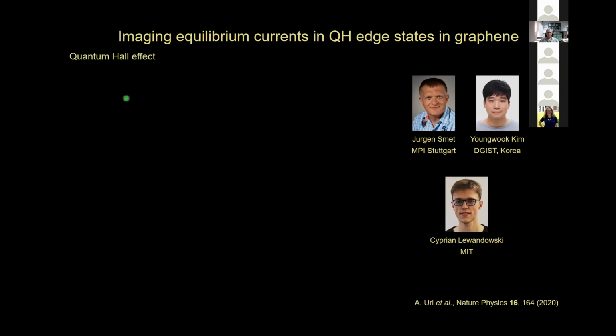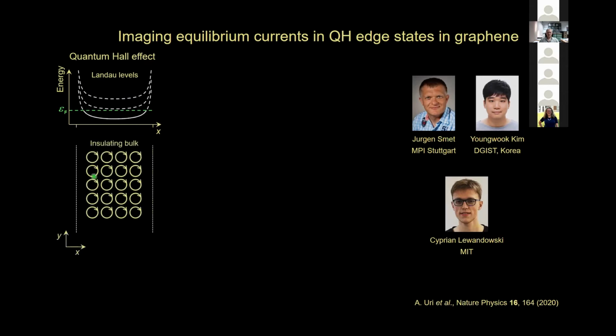So when we think of quantum Hall effect, we usually describe it in terms of Landau levels, which are full up to some Fermi level and empty above it. So in a full Landau level in the bulk, the electrons form closed orbitals, which are considered as an insulating state, a bulk.